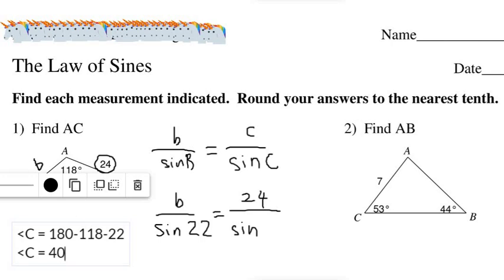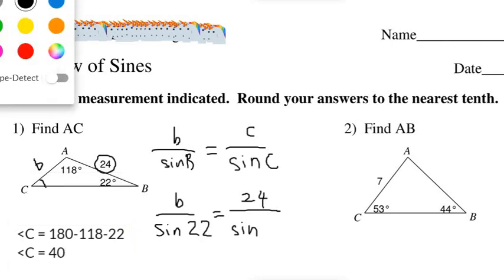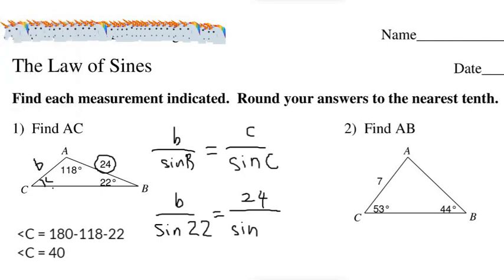So angle C is 40 degrees. All right, so we can write 24 over sine 40 degrees.